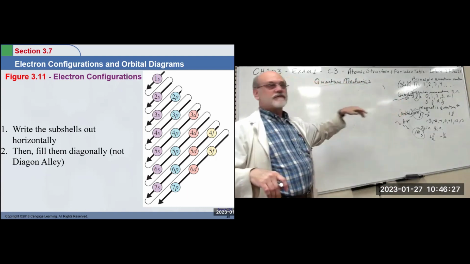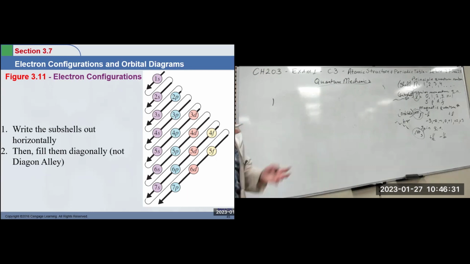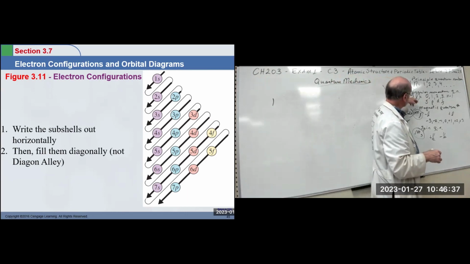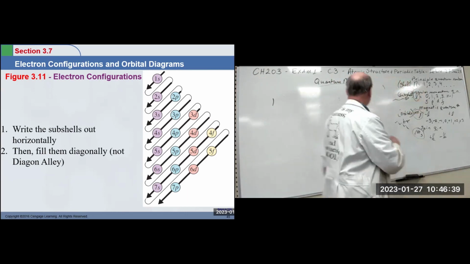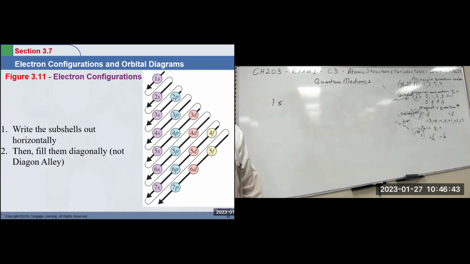So the very lowest one is what? n equals 1. So the lowest subshell, l, that you can have from that 1 is s. And that's it. You've got to go to 2 to get more.